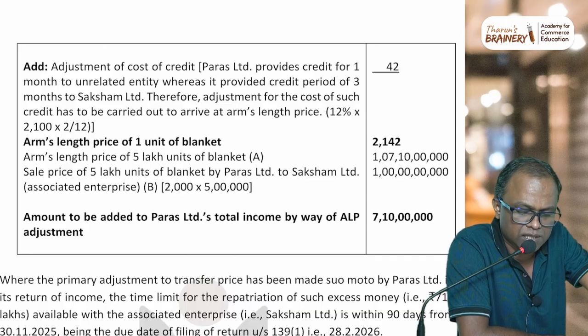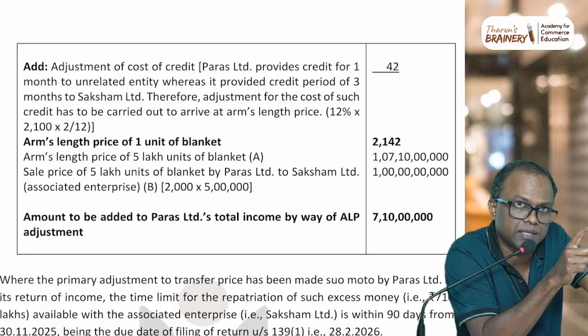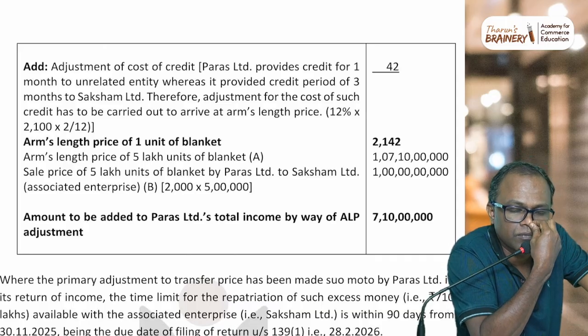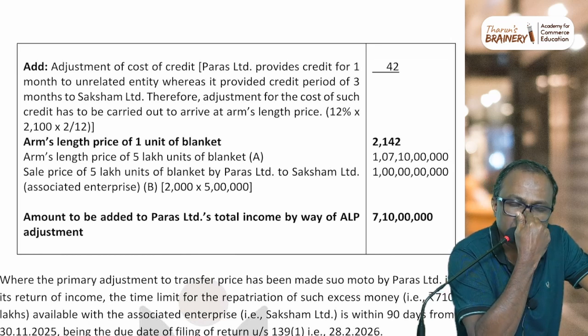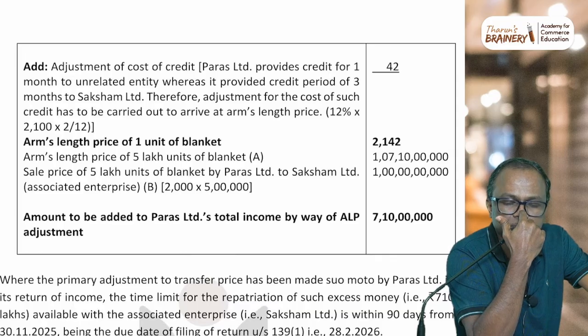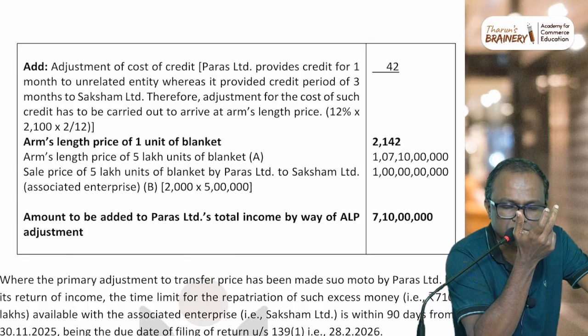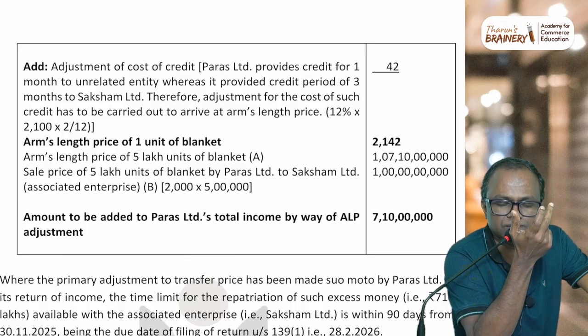This rupees 7 crore 10 lakhs should be repatriated within November 30 plus 90 days. November 30 plus 90 days means you have to count that date. December 31, January 31, so 62, and February 28.